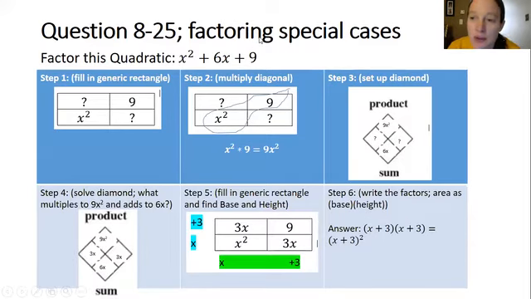I know that it's a perfect square, so the same number, 3 times 3 gives me 9, and that's how I could quickly do 3 and 3 is 6. Okay, just something to think about. You never have to go quickly or use shortcuts. Just do these 6 steps every time and you got it. But if you start seeing those patterns quickly, use them.